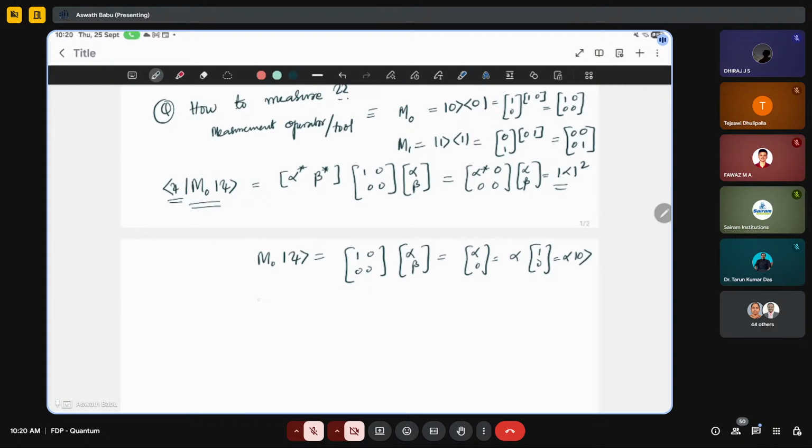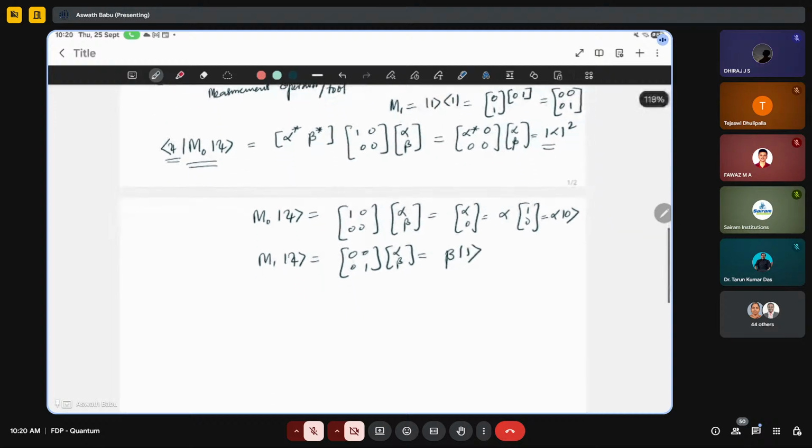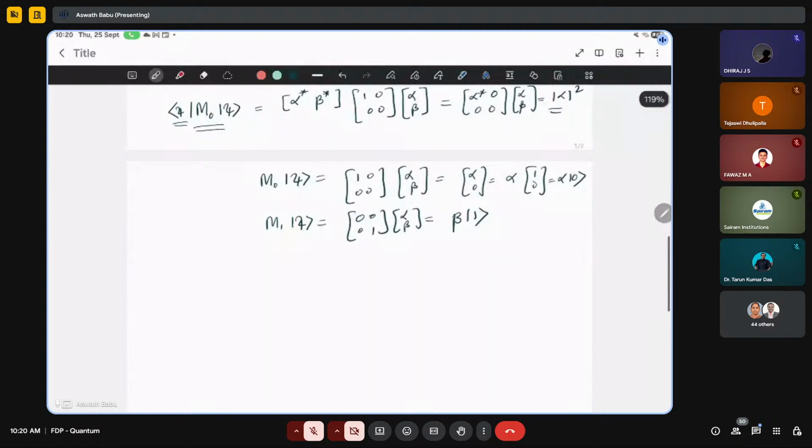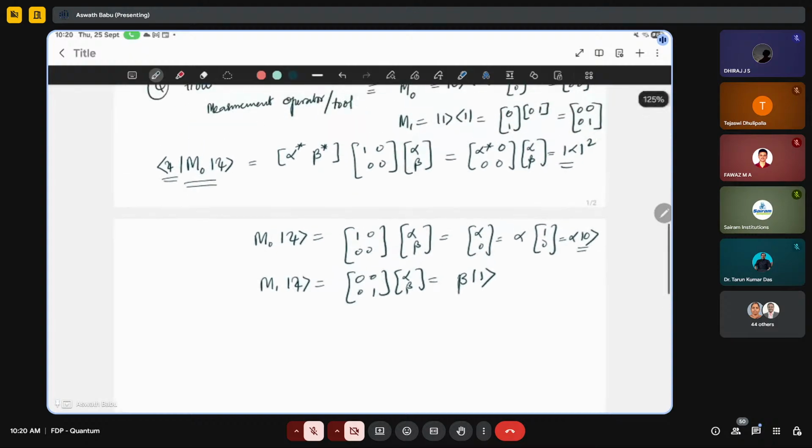And similarly, if M1 acts on a quantum system, you would get beta into 1 ket. See, now the probability with which I am getting that particular quantum state is obtained by the first method, and where the system is falling is obtained by the second method. So this is how the quantum system falls into one of the classical forms when you make a measurement.